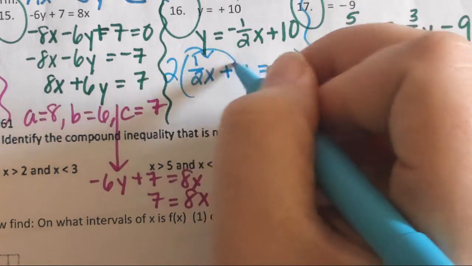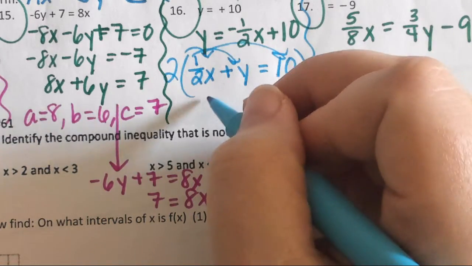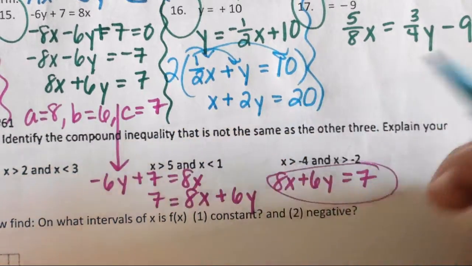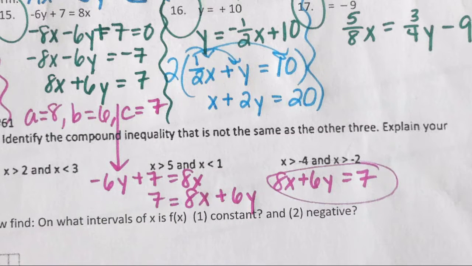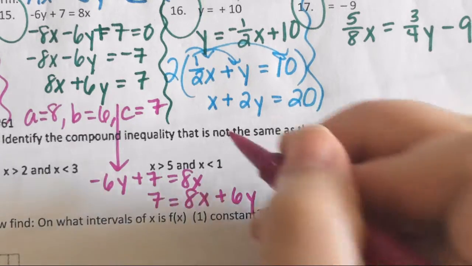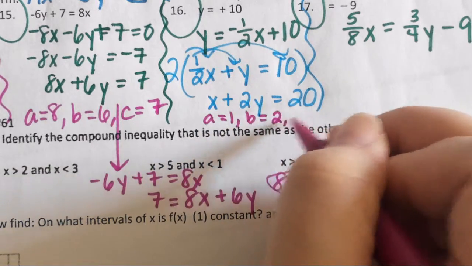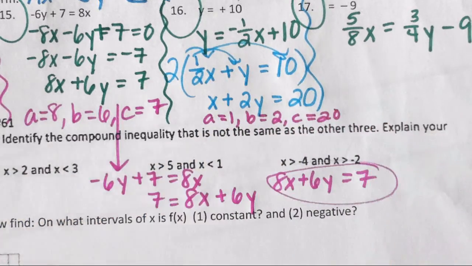When we distribute to everybody, we end up with x plus 2y equals 20, which is correct. However, you could have multiplied by 2 on the very first step, killed off all the fractions to begin with, and made your life easy. Doesn't matter. Okay, what's A, B, and C to get your point? A is 1. Okay, B is, and C is. Perfect, and you can have a point.